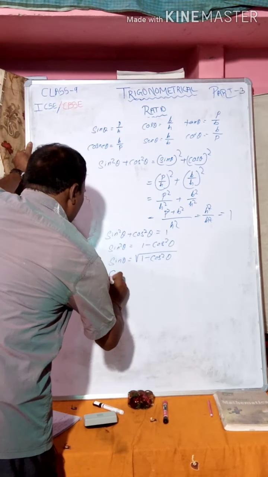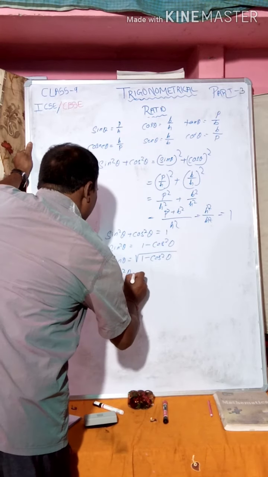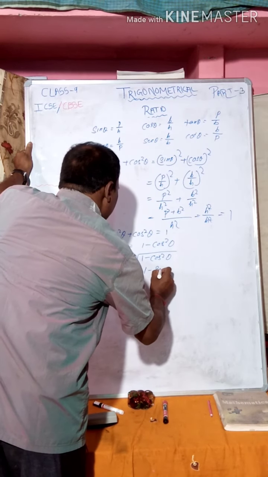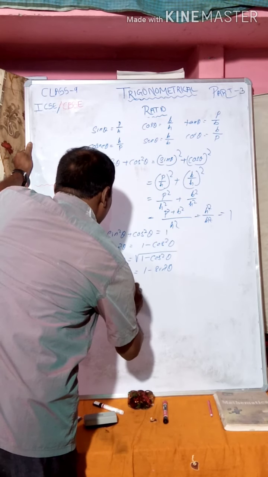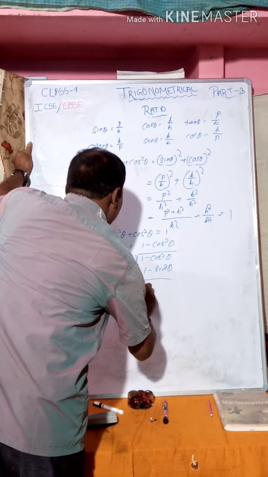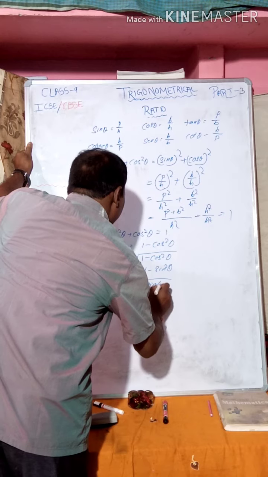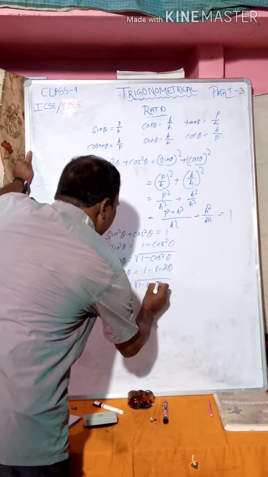Likewise, cos square theta is equal to 1 minus sin square theta, and cos theta is equal to square root of 1 minus sin square theta.